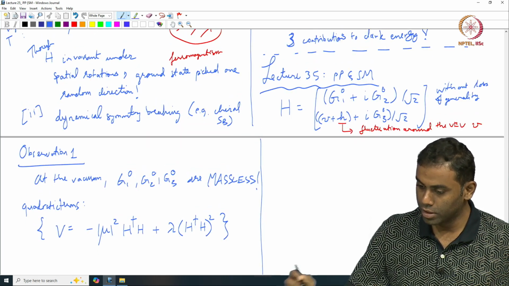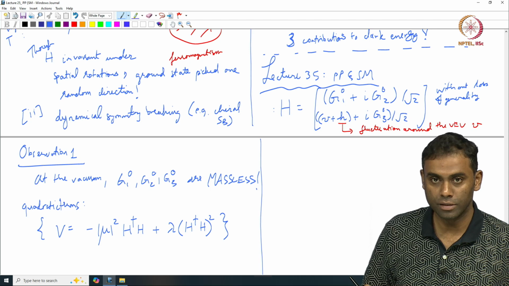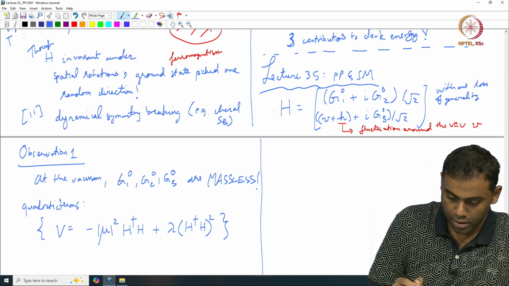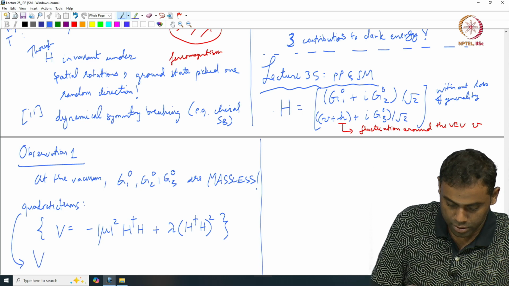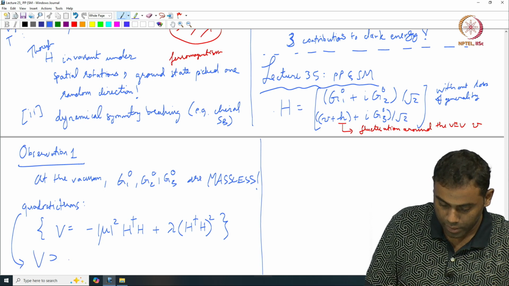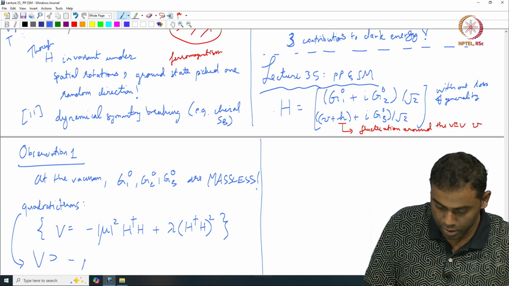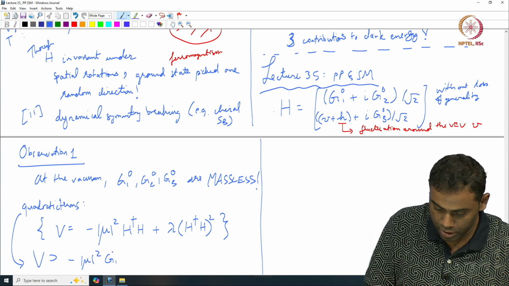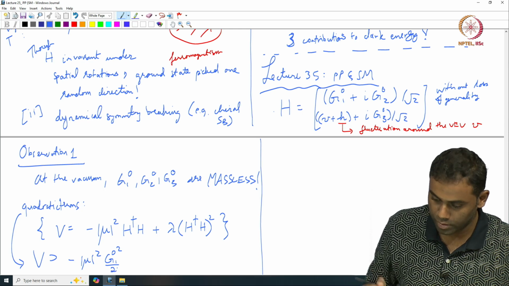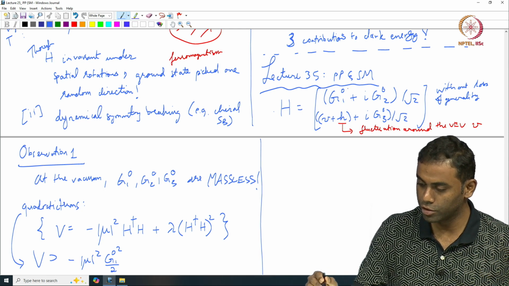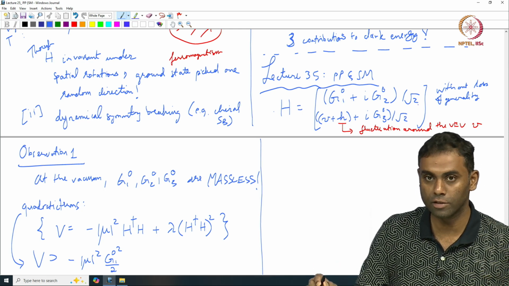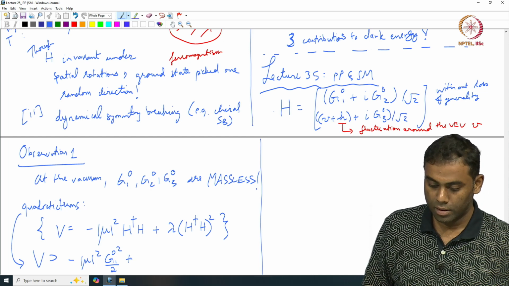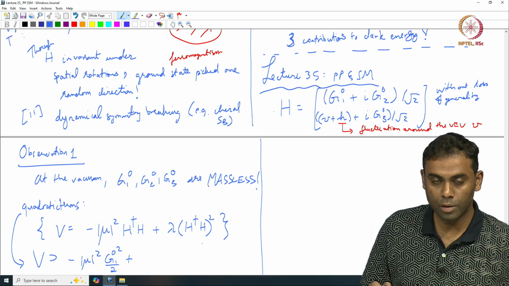Now, go back to this, plug in the h, parameterize this way, and you will find that the quadratic terms, okay, from the mu squared I have a G10 squared over 2, agreed, G10 squared, that is why I have a square root of 2, right, plus, will I get something from the quartic term?